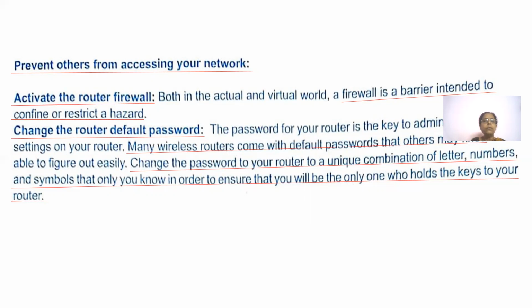So activate the router's firewall, both in the actual and virtual world. That is, the virtual world, when you are on the net. A firewall is a barrier intended to confine and restrict a hazard. So it does not allow wrong information to just get into your computer. It warns you.